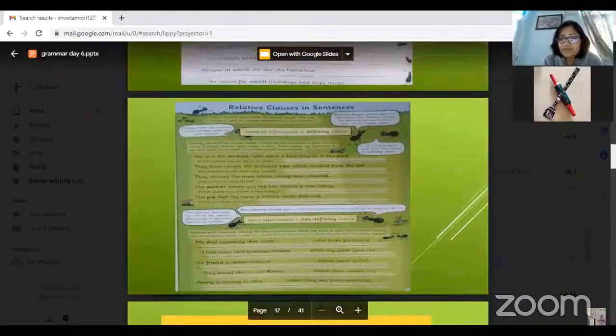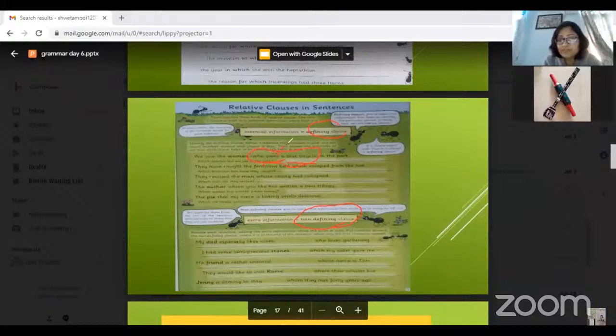But now here in grammar 6, you will find that the relative clause is again divided as defining and non-defining. If you have something very important, essential, for example, we saw the woman who owns a blue bicycle. This information is very important because we are only talking about a woman who has a blue bicycle.